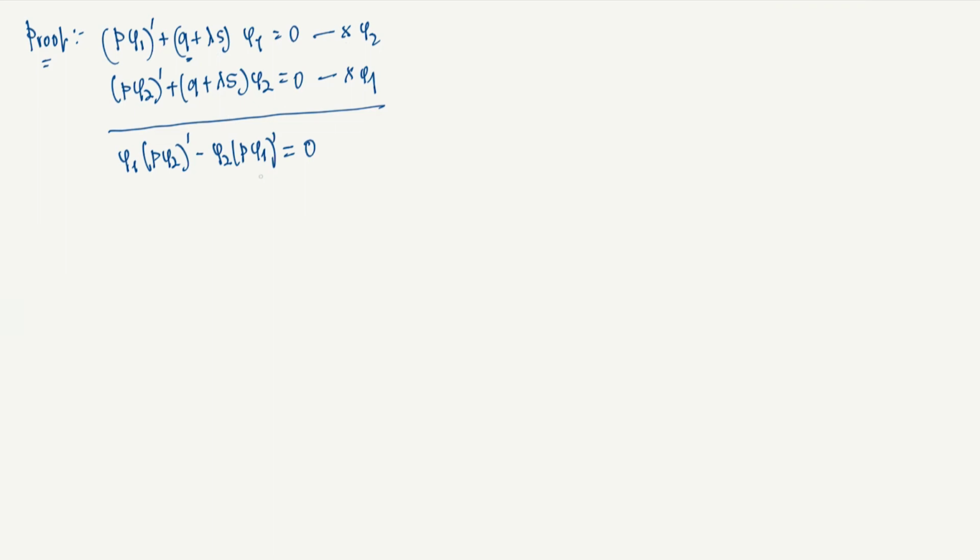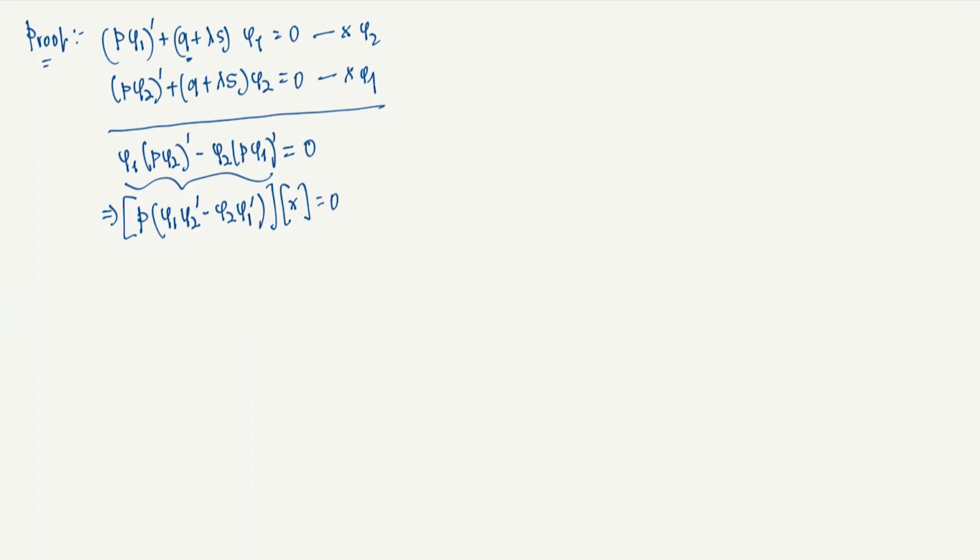So essentially we are only left with this. And we can write it like this: p times phi1 phi2 prime minus phi2 phi1 prime, acting at the point x, is 0.